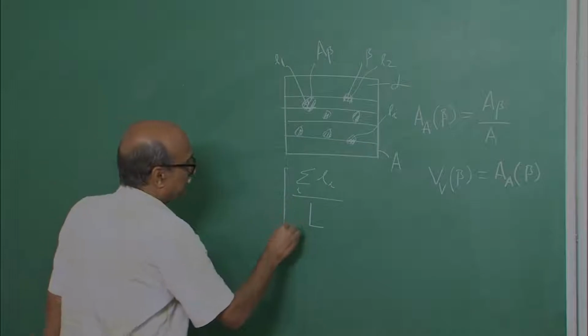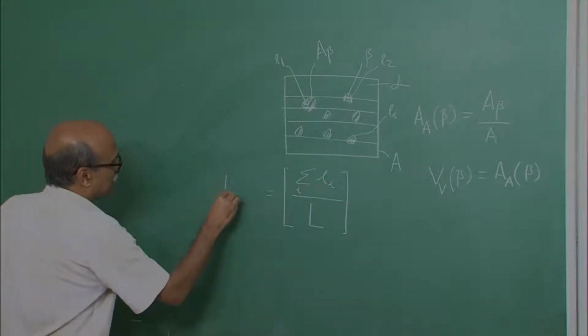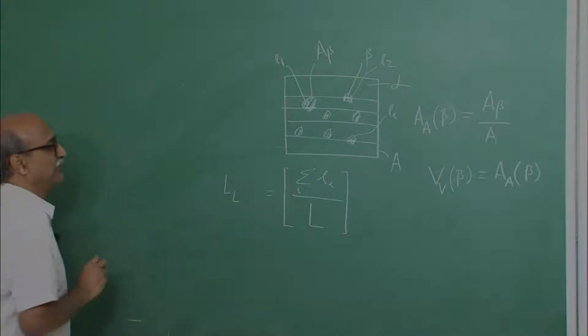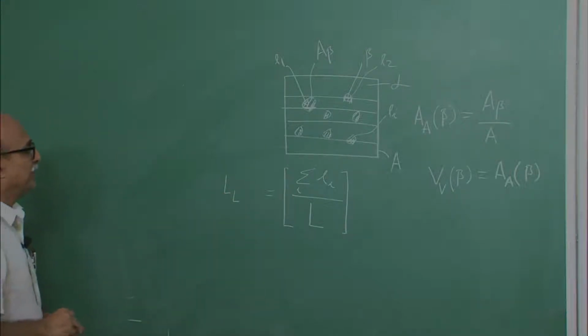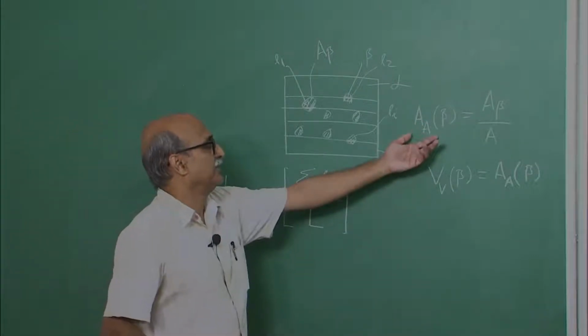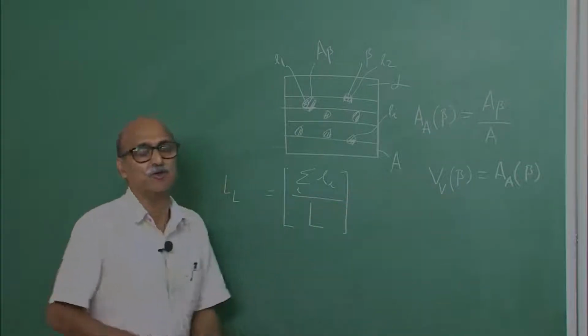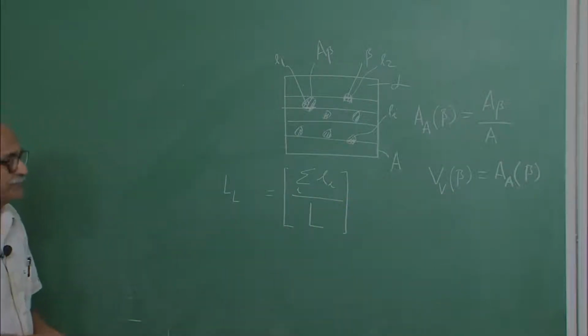This quantity is what is called the length fraction or the lineal fraction L sub L. This turns out to be an estimate of the area fraction, and hence this also turns out to be an estimate of the volume fraction of the beta phase here.